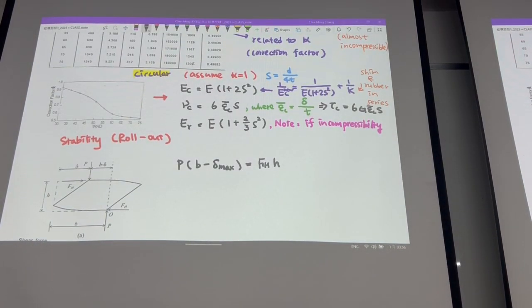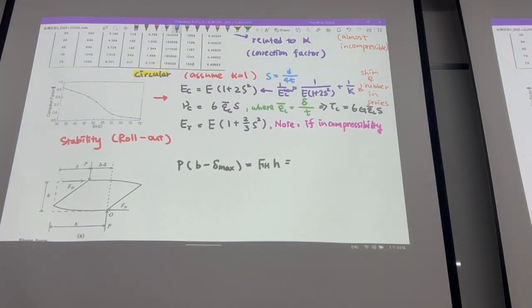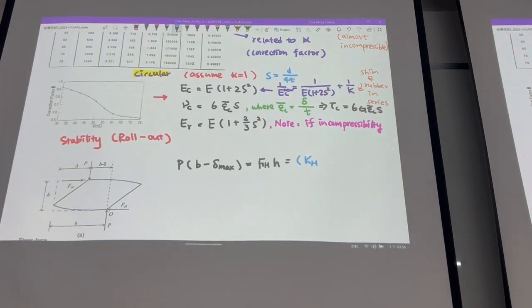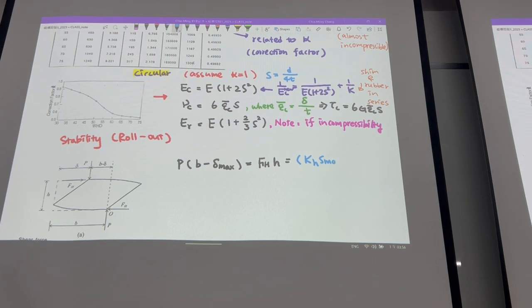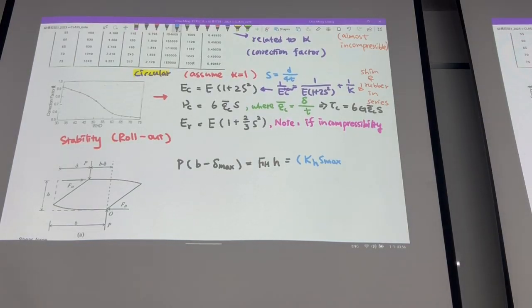And another FH, we can use the horizontal stiffness, small h, times the allowable strength times the height of the rubber bearing, right? So that's the allowable displacement in the lateral direction. That's it.